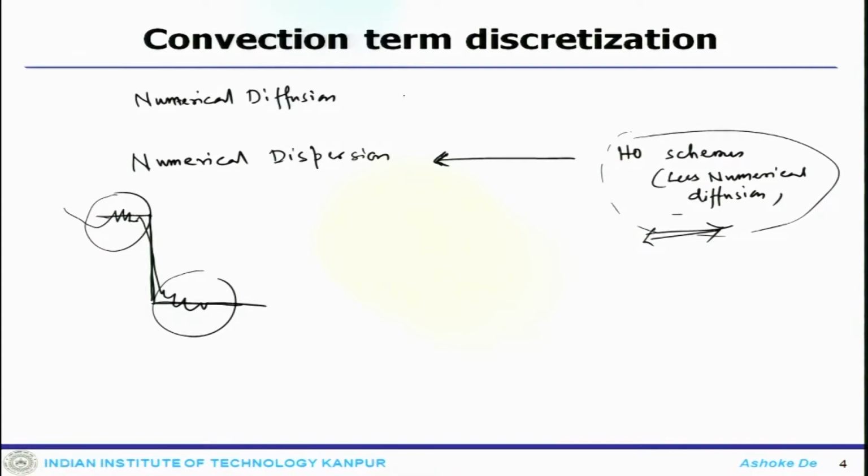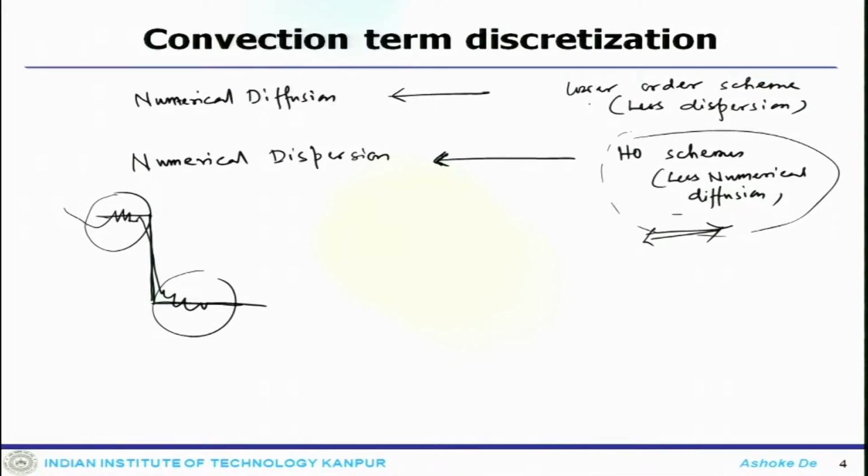On the other hand, dissipation will come from the lower order or first order scheme. But in that case less dispersion does not mean that the dispersion error would be completely absent in the lower order scheme.